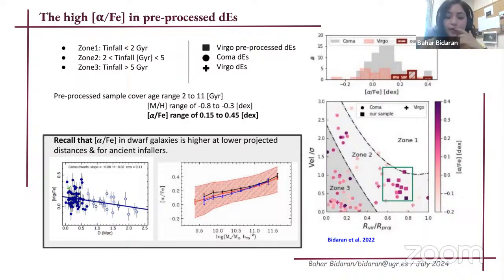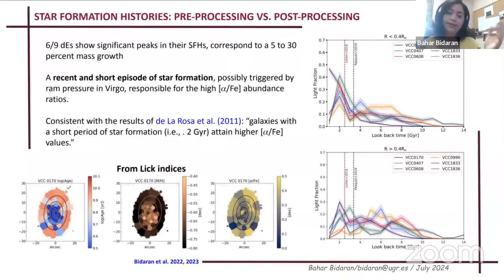To answer that question, we went deeper, and we first of all studied the stellar population properties maps because we have MUSE here. So here I'm showing you an example. This is one of the galaxies. As you can see, in the center it's dominated by younger stellar populations and is metal richer, and in the outskirts it's the older stellar population and metal poorer.